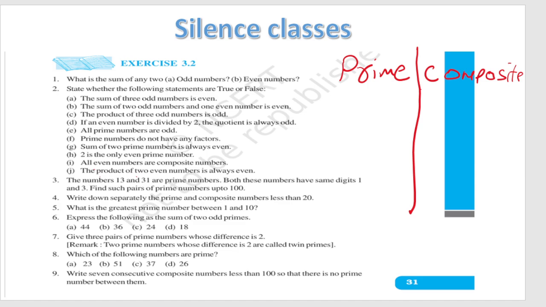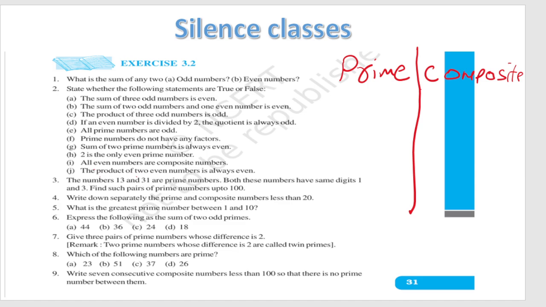So be careful while reading the question: you don't have to write down 20 or anything above 20. And in all the further videos, questions 1 to 3 I have already explained in the previous video.